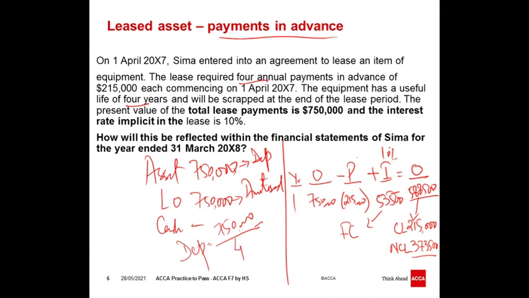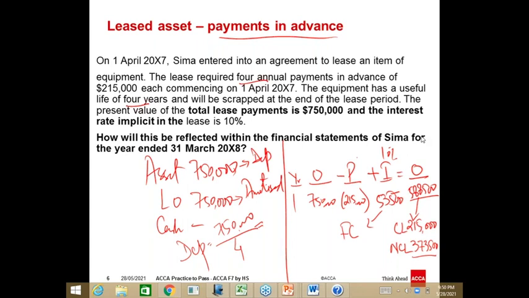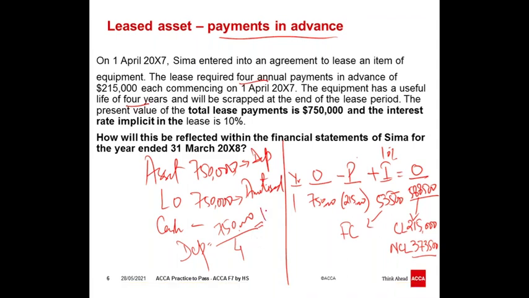So you can take the 4 years, but if the values are different between the useful life and the lease period, then you need to take the lower amount. So it's 187,500.